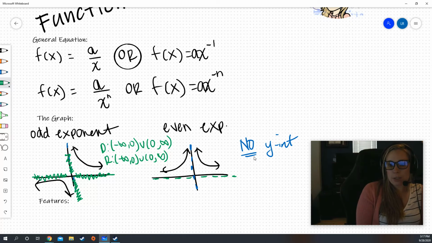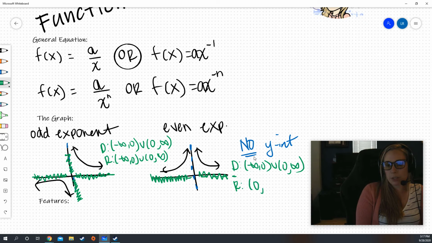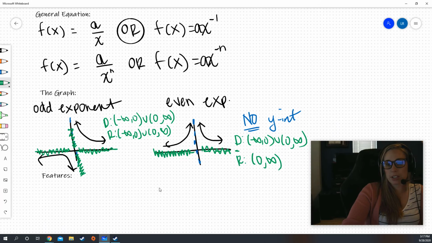The domain for this one is the same thing because you have x values all the way through here and all the way through here, but your range is different. It can't be 0 or anything below, so you'd say 0 to infinity. So there's our domain and our range for this particular set of examples.